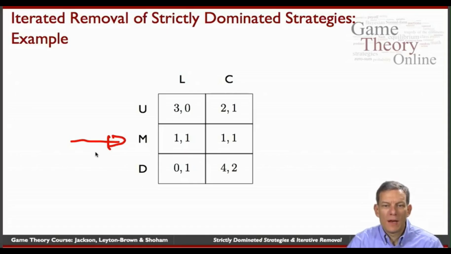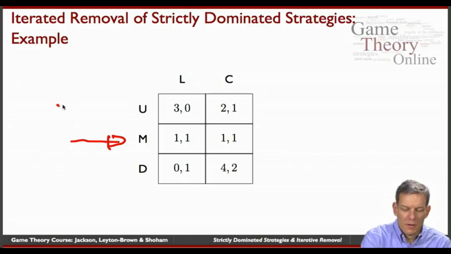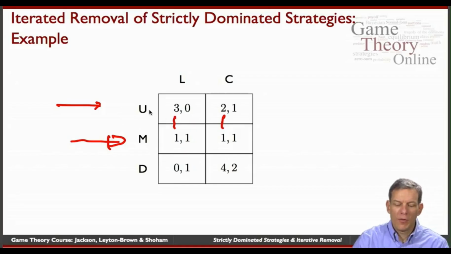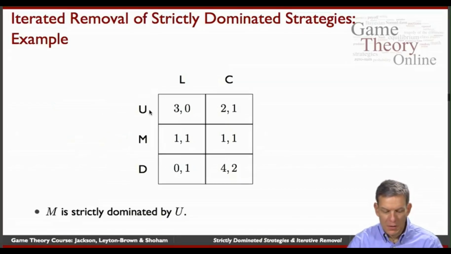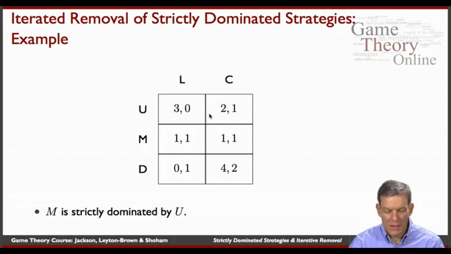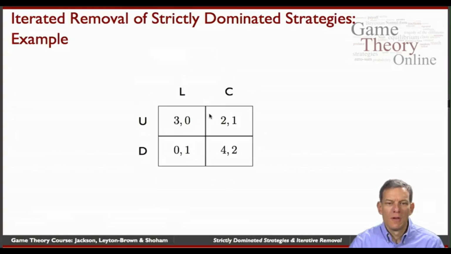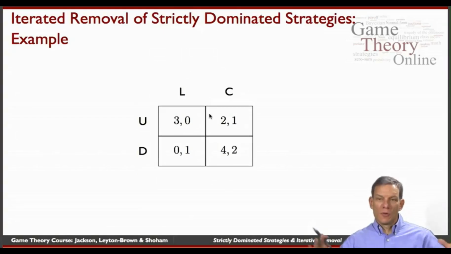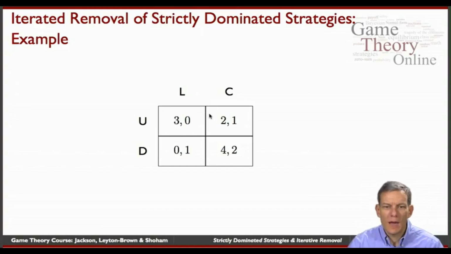So the middle strategy does strictly worse than the up strategy for the row player. So 3 is better than 1, 2 is better than 1. No matter what happens, you're better off playing up than middle. So M is strictly dominated by U. In this case, we can get rid of M altogether. That collapsed the game further. So now we're iterating. We've got a simpler game.